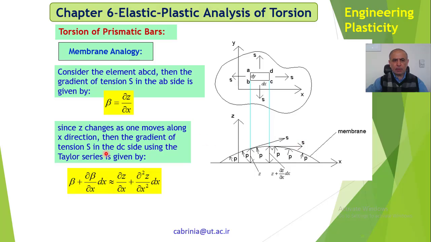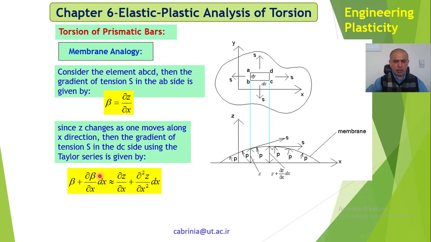Then the gradient of the tension S in the DC side, using the Taylor series, is given by that. If we were here and the gradient was that, now we are here and the gradient has changed. How much has it changed? Partial beta partial x dx.